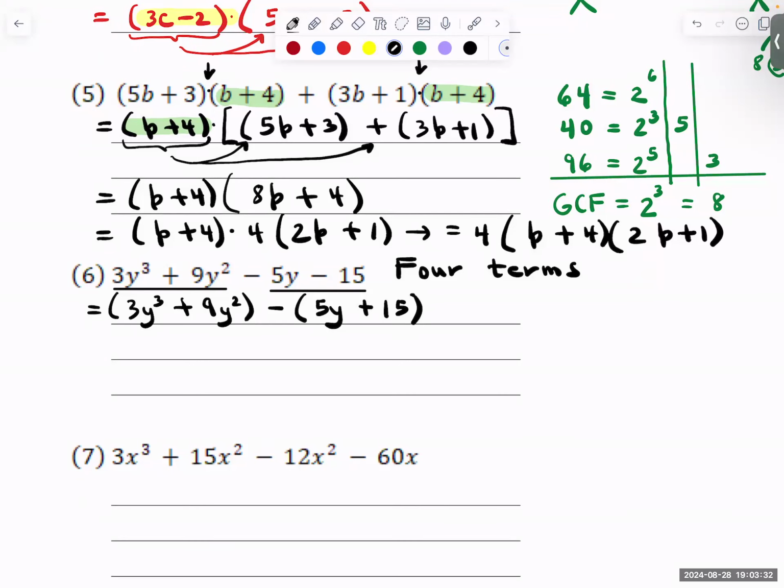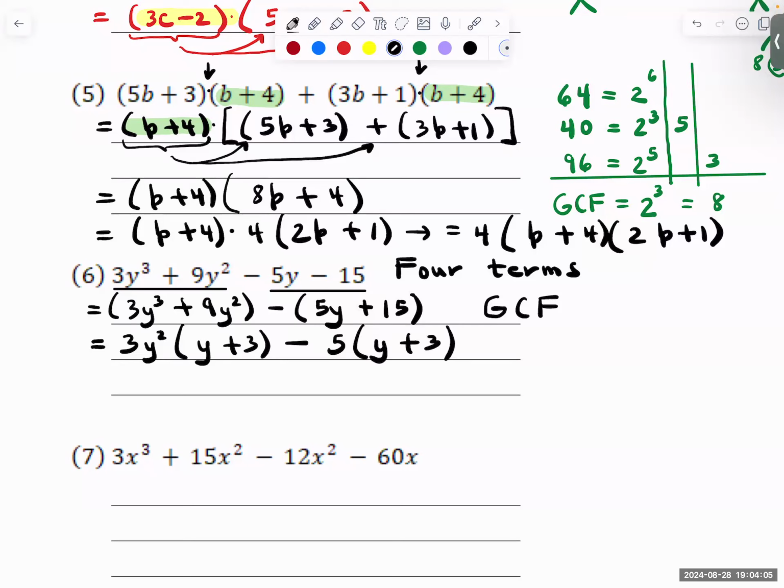Next up, we look for the greatest common factor for each binomial. The monomial that's common on the first pair is 3y with its least exponent, which is a 2, so 3y squared times y plus 3. We'll factor out a positive 5 from the second binomial and multiply it by y plus 3.